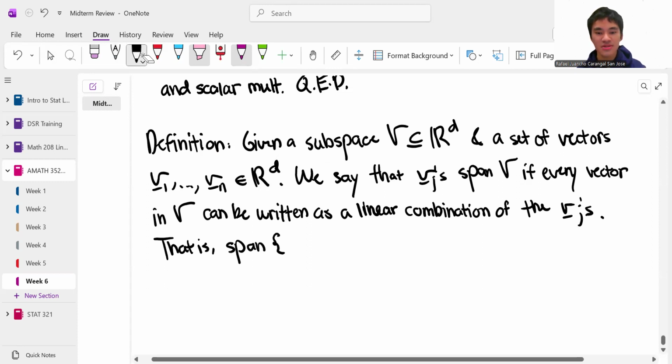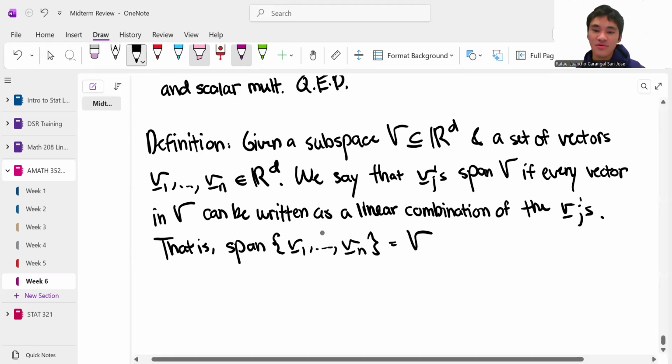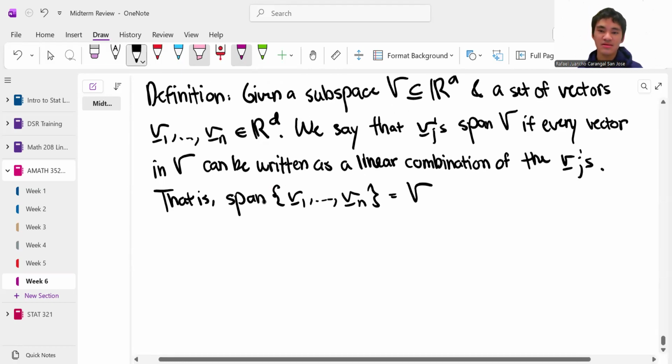I just wrote it, but the textbook's writing it again. The span of these vectors is just V. We can even say that if we are able to write a linear combination of the v_j's and get some vector w out of it, then that vector w is also part of the span.